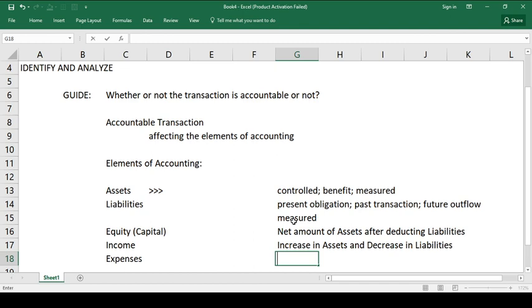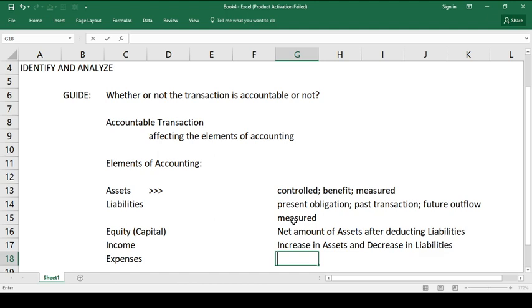On the other hand, it can be considered as well as a liability, because if our debt of 100,000 was reduced by 20,000 and became 80,000, the decrease in the liability can be considered as an income, but for certain and exceptional cases only. Okay?